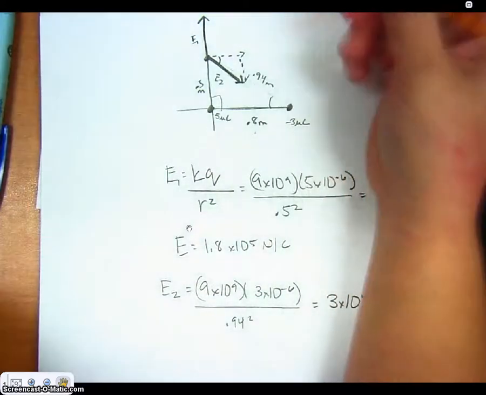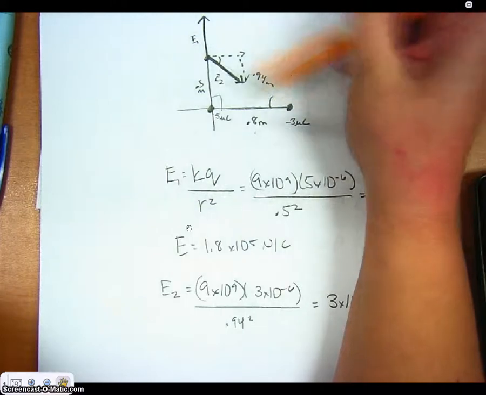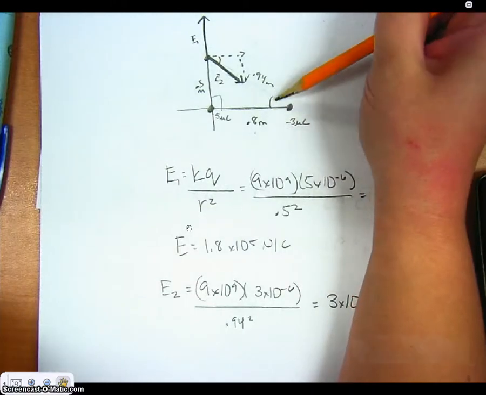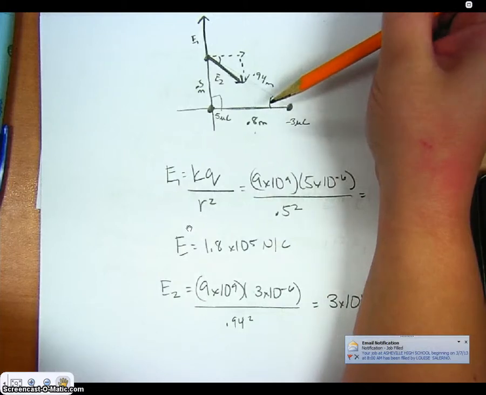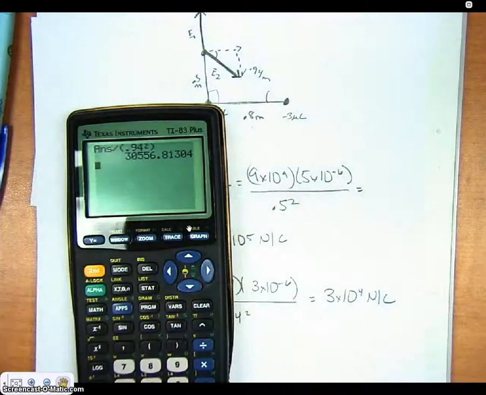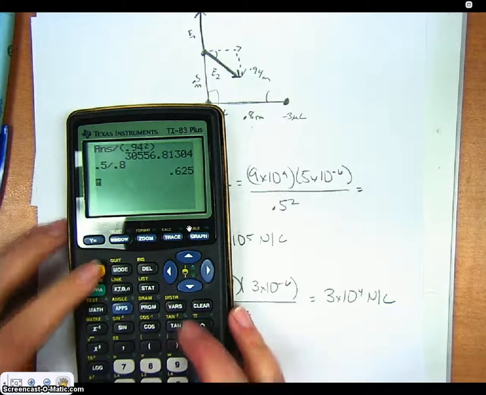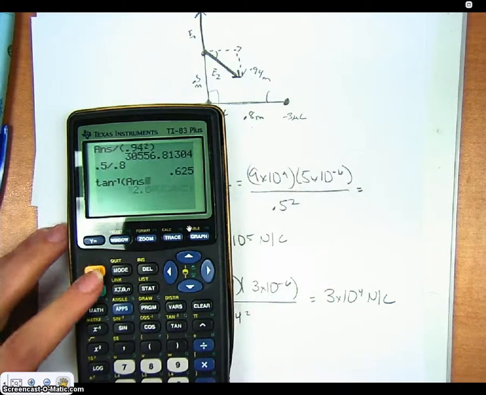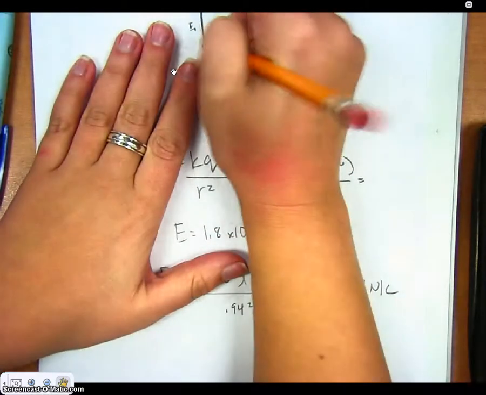I could do opposite over adjacent and then inverse tangent. So 0.5 divided by 0.8, and then inverse tangent. So 32 degrees is what that angle is.